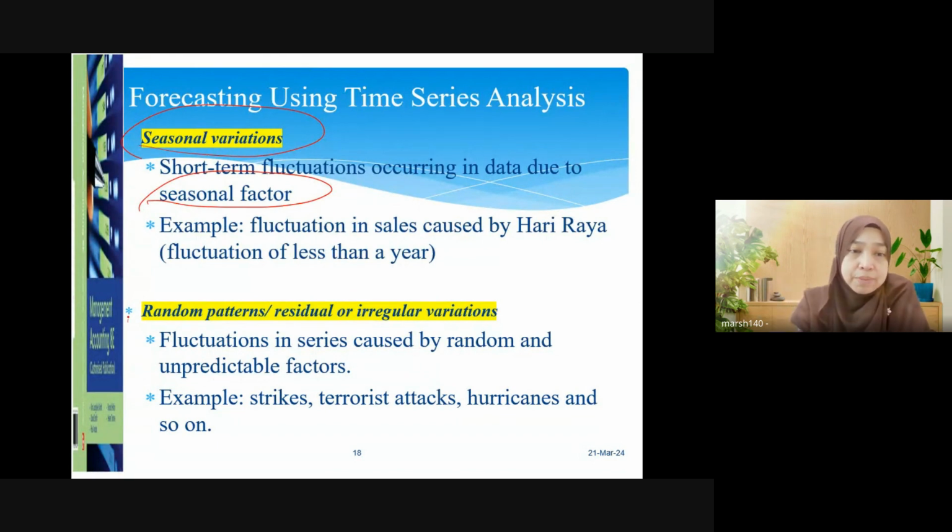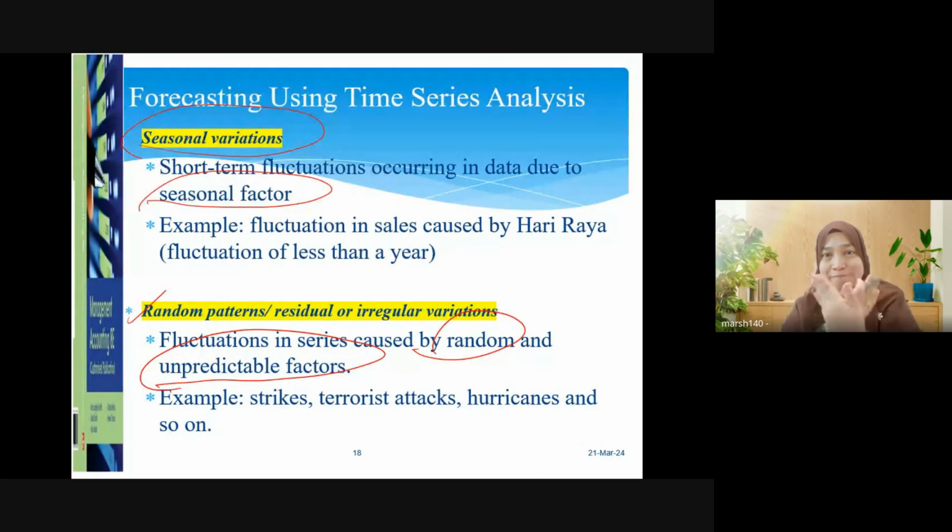Okay, the last one is regarding random pattern or residual or irregular variations. Nama lain perkara yang sama. Fluctuations in series caused by random and unpredictable factors. Let's say during the COVID-19 pandemic, apa yang banyak jual? Face mask, kan?